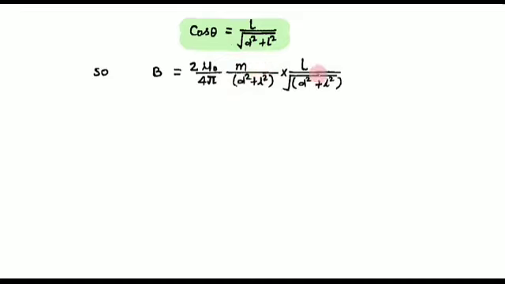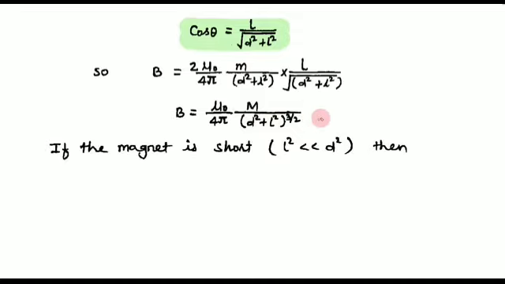Here L is half the distance between the two poles of the bar magnet. So B is equal to mu naught by 4 pi, M by d squared plus L squared to the power of 3 by 2, where M is the magnetic moment.